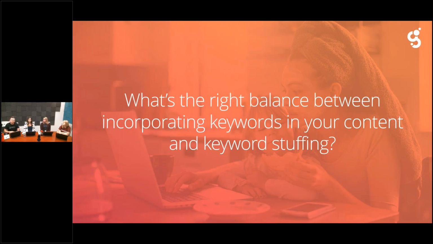Some people still do it. Google is really good about catching it. But as you read through your content, if it's difficult to read because it just doesn't flow the way you would naturally read, that's usually a pretty good indicator that you're keyword stuffing.